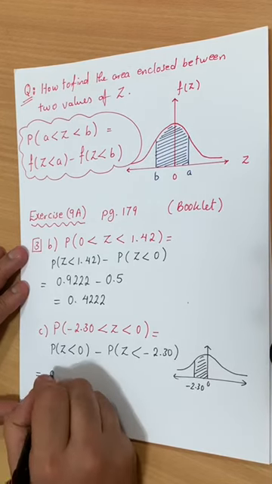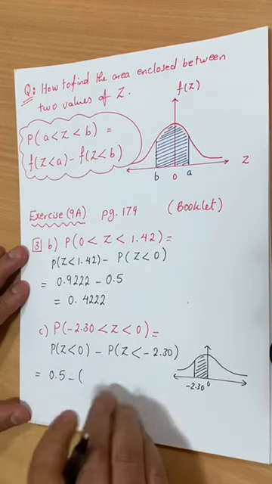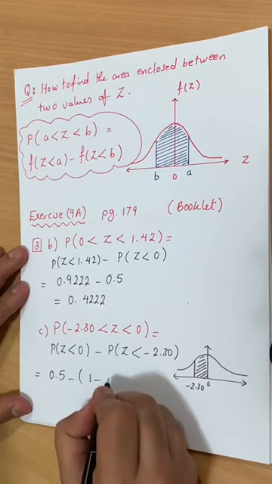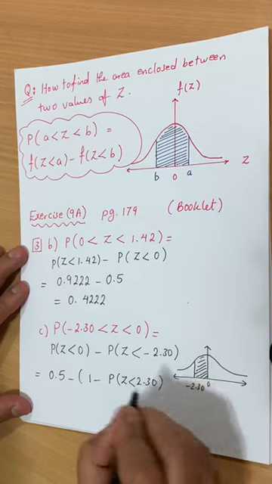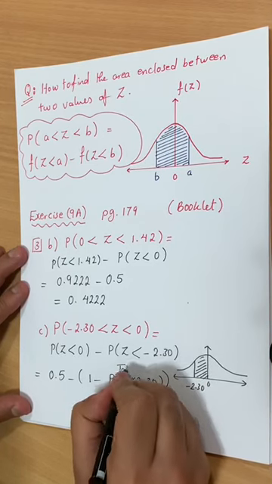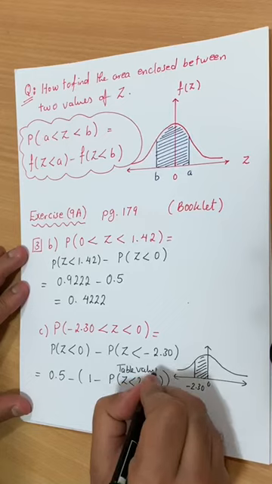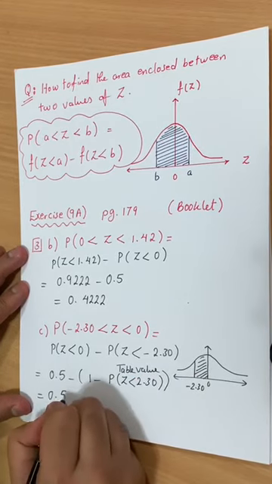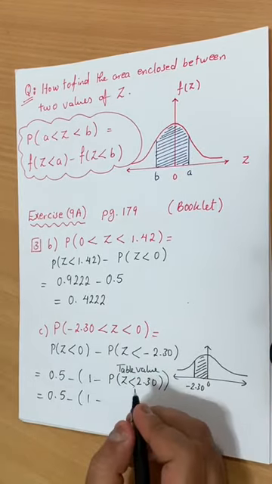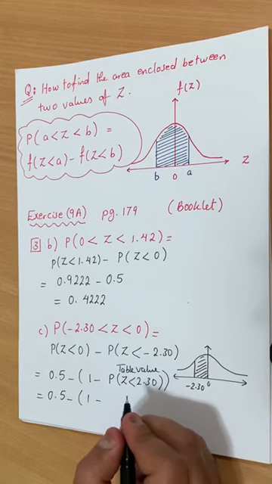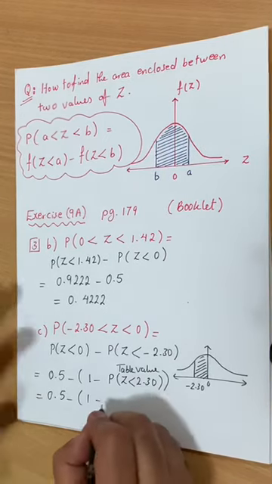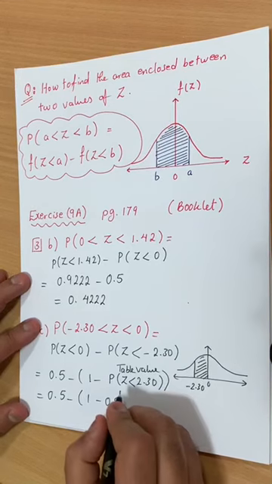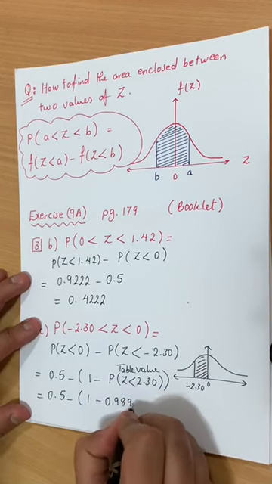Less than 0 is 0.5, minus less than negative, which is 1 minus the table value, probability of z less than positive 2.30. So 0.5 minus 1 minus less than positive 2.30. 2.30 is the first value in the table, 0.9893.